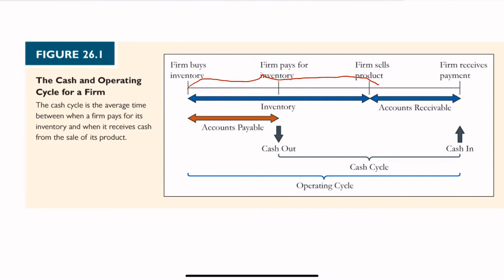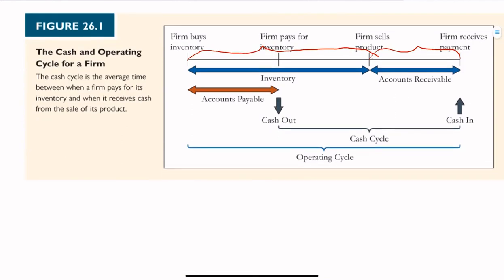Because inventory days tell us after how many days the firm can turn its inventory into product. And then the time between when the firm sells product and when the firm receives payment would be the accounts receivable days, right? That is how many days the firm has to wait to receive cash, receive money from its customer.